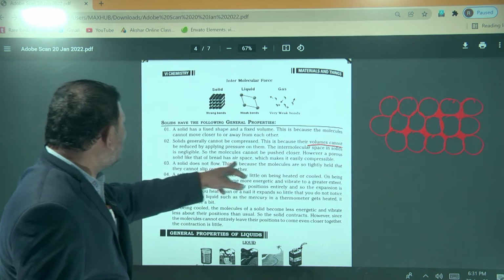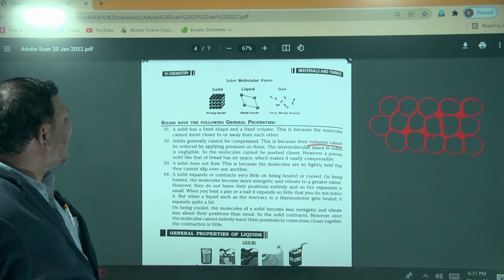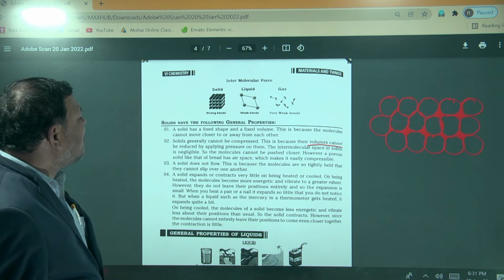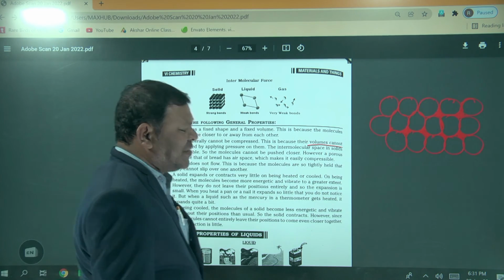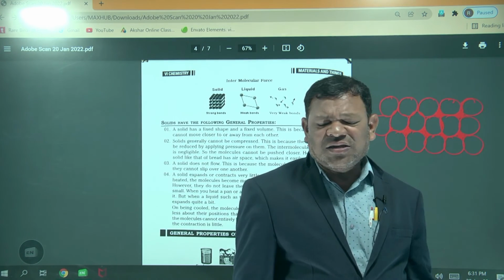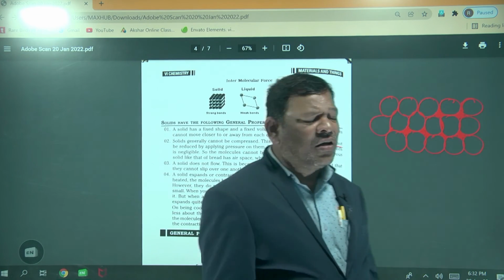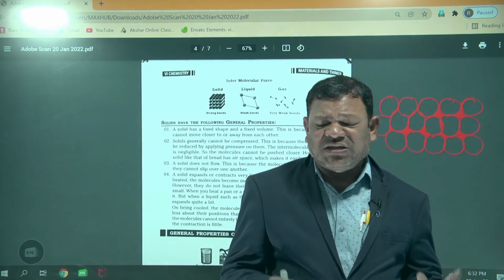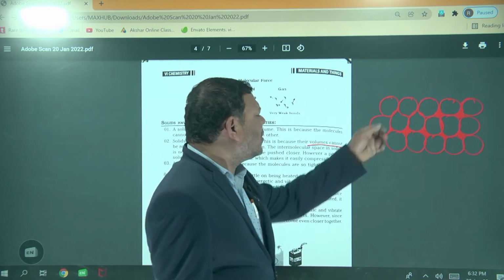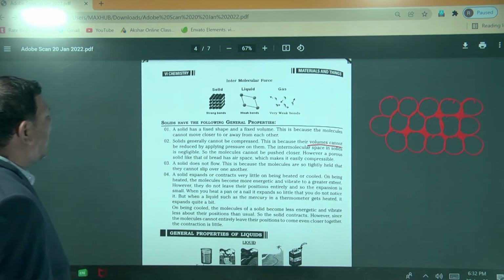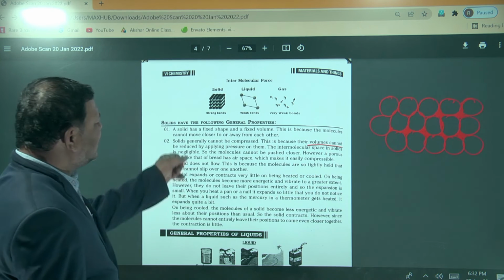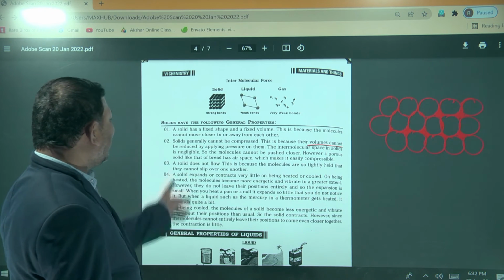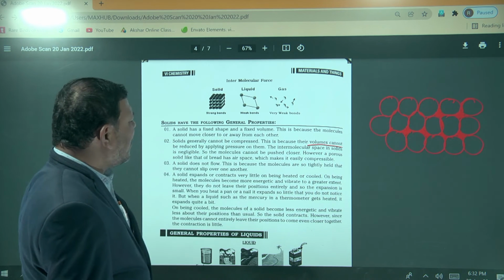However, a porous solid like bread has air spaces, which makes it easily compressible. Small gaps are present, but there is no distance from one molecule to another. Solids have a fixed shape and fixed volume, and generally cannot be compressed.